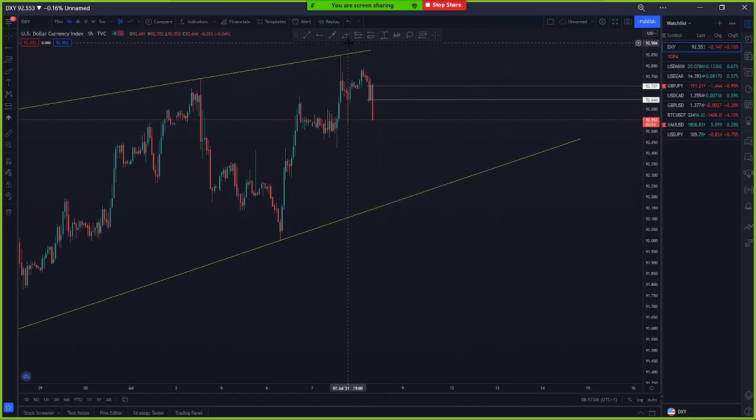Around here we're expecting price to tap into this level before it continues dropping onto here.